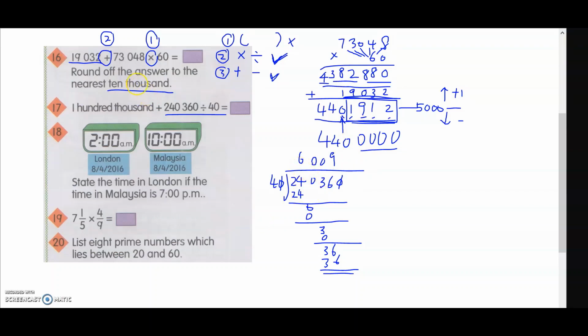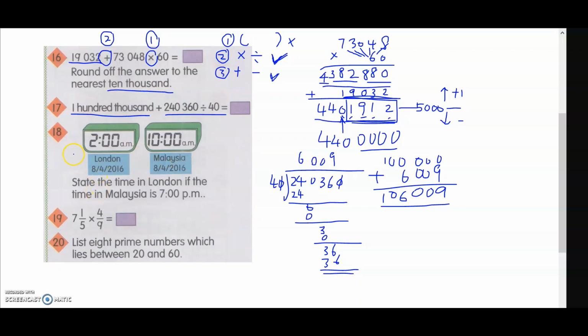Then only you plus 100,000. So this is 100,000 plus 6,009. So you plus. So your final answer is 106,009.